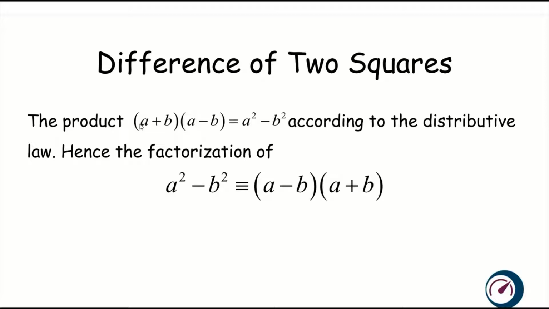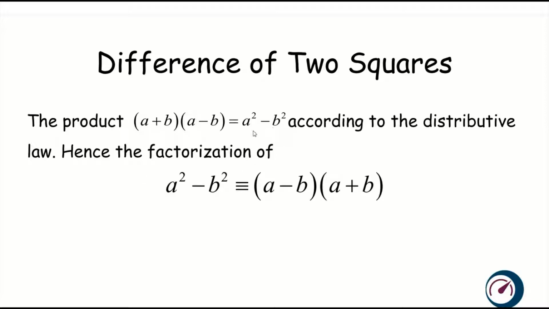So if you observe a plus b and a minus b, you will recognize that we have the same first term and last term. However, our signs are different. So we have a plus sign and a minus sign. Now, our result gives us the square of the first term minus the square of the second term.